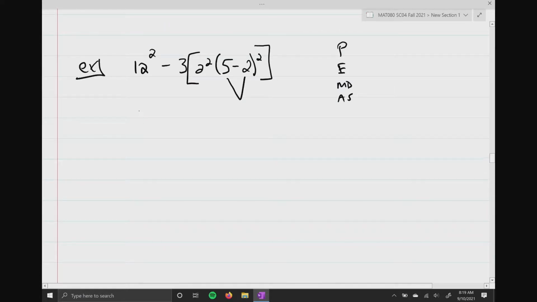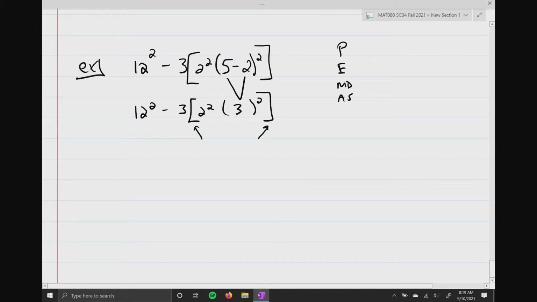So I'm going to rewrite everything exactly the same, except 5 minus 2 is 3. So now I still have parentheses. So I look inside, and the parentheses are those big brackets. So I need to do the work inside there.